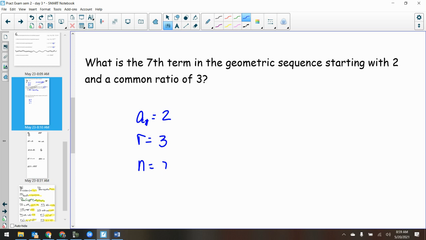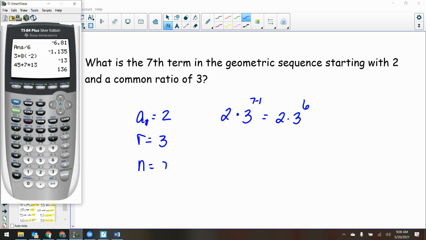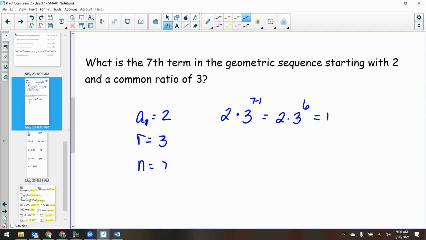So my geometric sequence says a sub 1 times r to the n minus 1, so 2 times 3 to the 7 minus 1, so 2 times 3 to the 6th power. 2 times 3 to the 6th is 1,458. 1,458 is my 7th term.